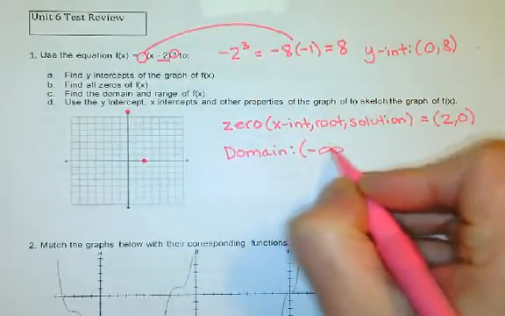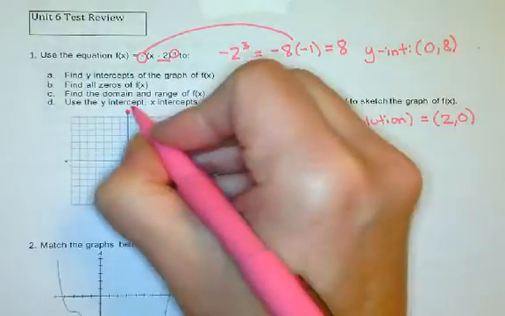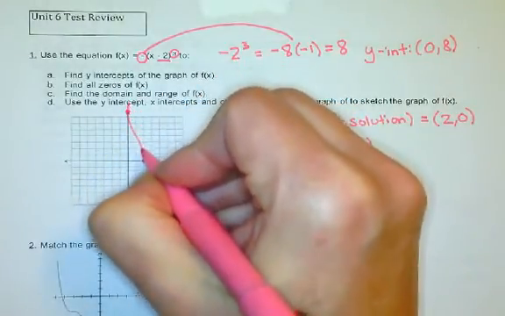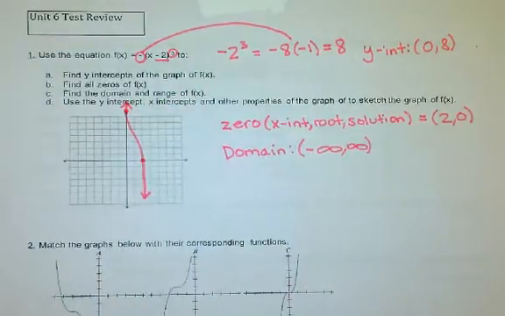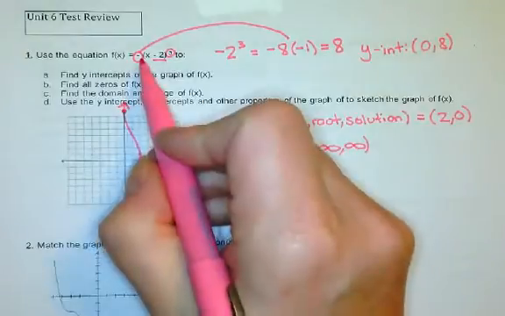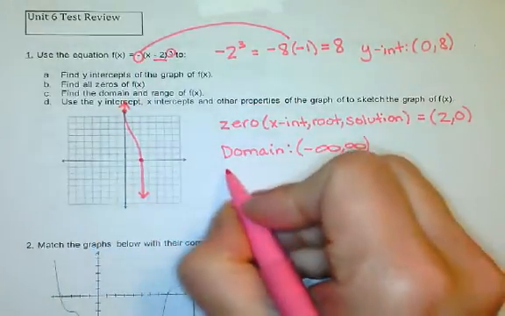Okay, for the domain and range, the domain for these cubic functions is always going to be negative infinity to infinity. Now this is written in interval notation. If I sketch it, you can tell that it's always going to go up and down. Also notice, because of the negative here, that it's falling down to the right.